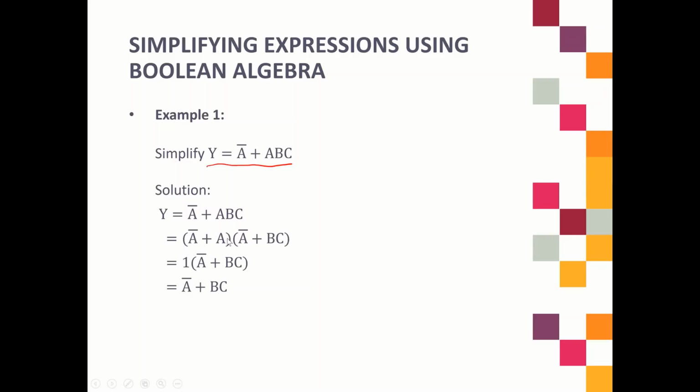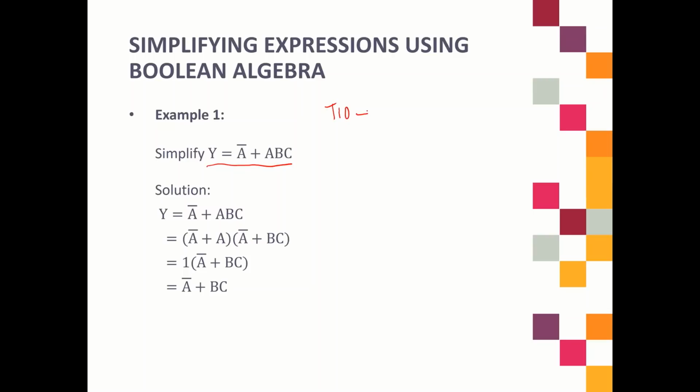You need to find what is the theorem that you can use to start your steps. In this solution, we start by using theorem 10. If you refer to your manual, theorem number 10. So what is theorem number 10? I write here.